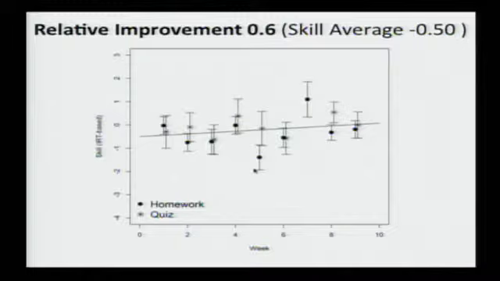So this shows the week-by-week skills of a particular student. And there are two kinds of data here. The solid points are the homework, and the asterisk points are the quizzes. And we see no difference between the homework and the quiz.